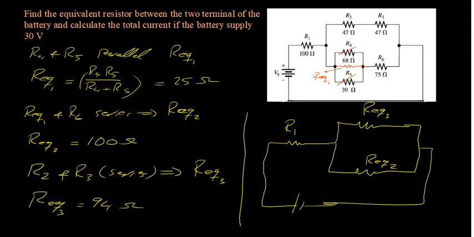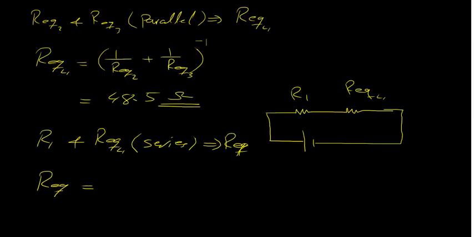R1 was 100 ohm, and the equivalent 4 we just found is 48.5. So 100 plus 48.5, that will be our final total resistance. It is 148.5 ohm. That's the total resistance in this circuit, or the equivalent.